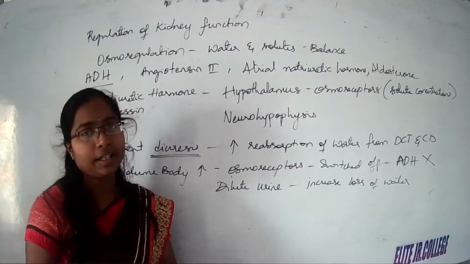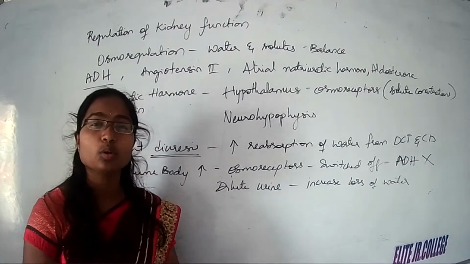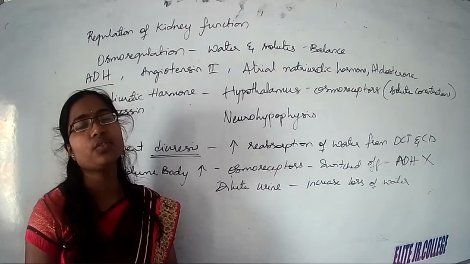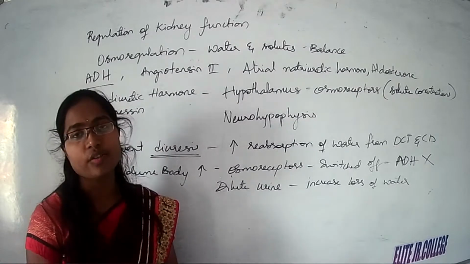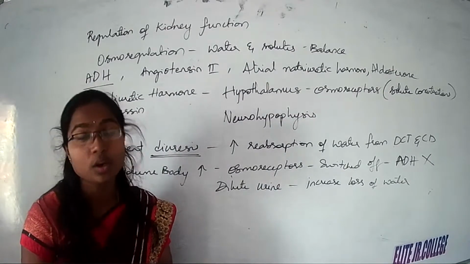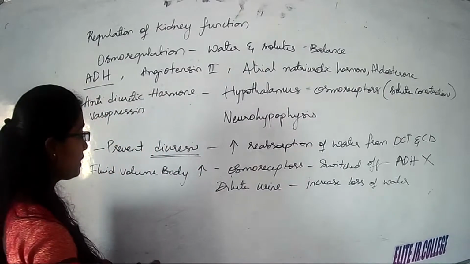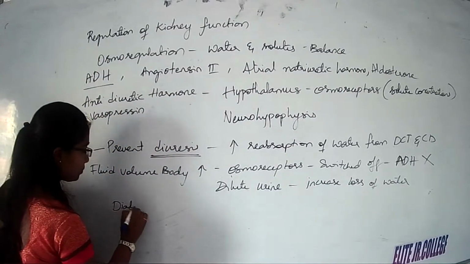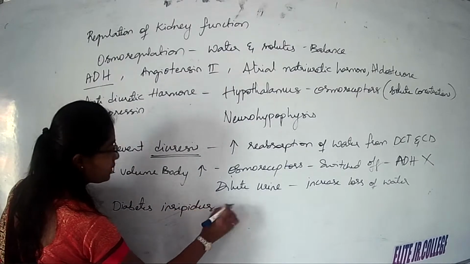In certain conditions, due to the lack of proper amounts of antidiuretic hormone, or if the receptors for antidiuretic hormone are not working properly, it is going to lead to a disease which is called diabetes insipidus.